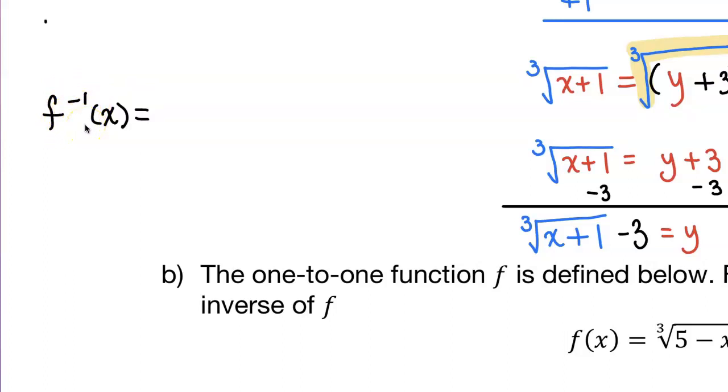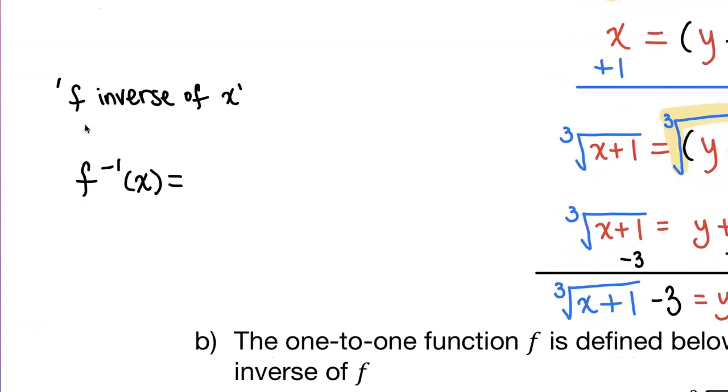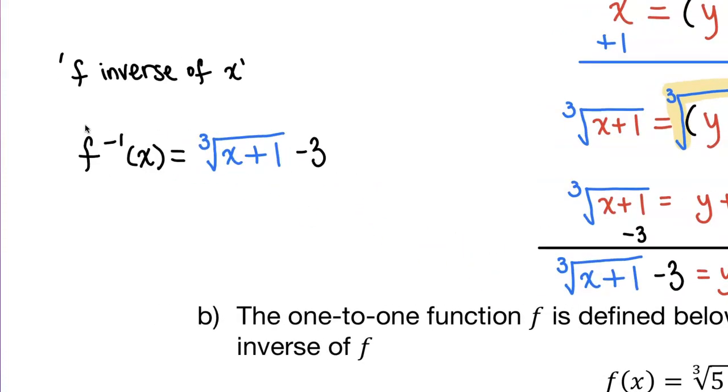This means f inverse of x. It's just notation that we use to write an inverse function. Equals what we just found, this right here. Ta-da! We found the inverse function. This is the answer.